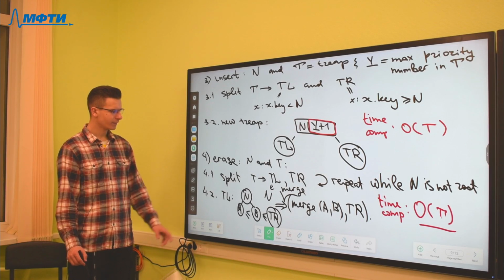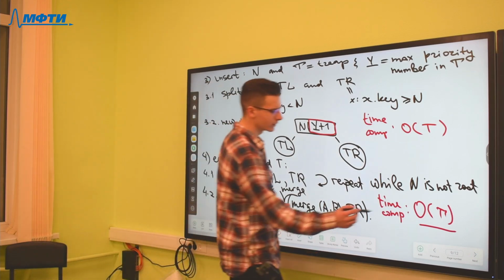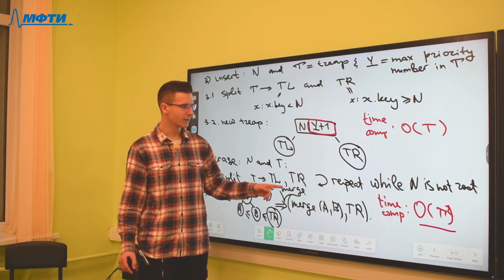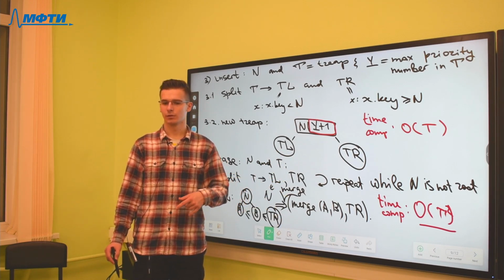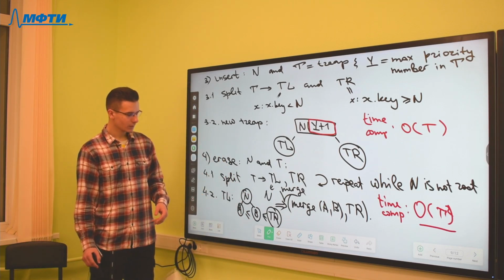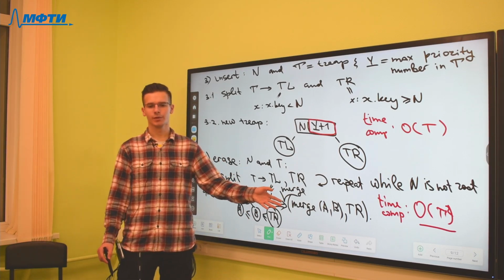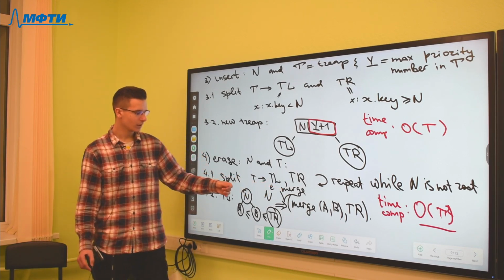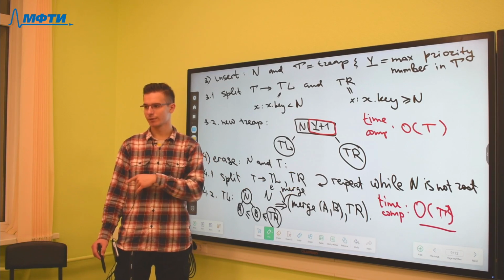But if we look at this algorithm, of course, it is T to the power 2, because we execute merging O of T times, and each merge spends O of T too.